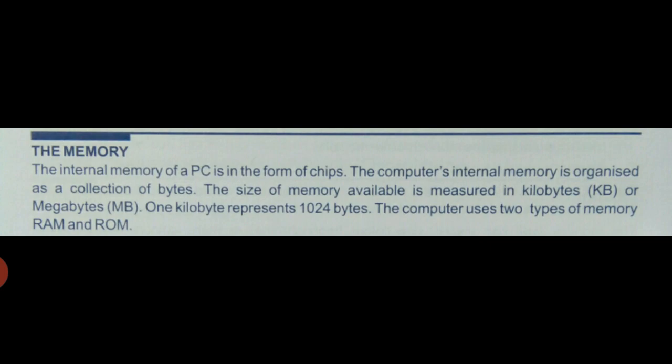Similarly, if we keep all the data in the computer, we need memory or a hard disk. Basically, memory is measured in KB, MB, GB, TB. KB stands for kilobyte, MB stands for megabyte, GB stands for gigabyte, and TB stands for terabyte. Basically, there are two types of memory, that is RAM and ROM.